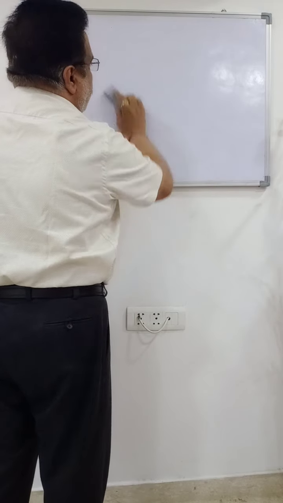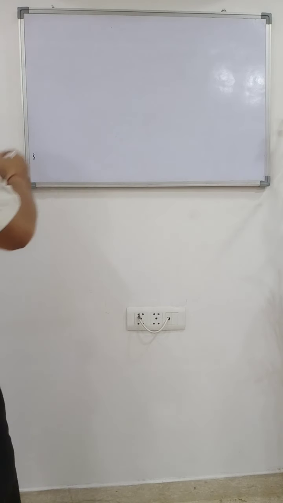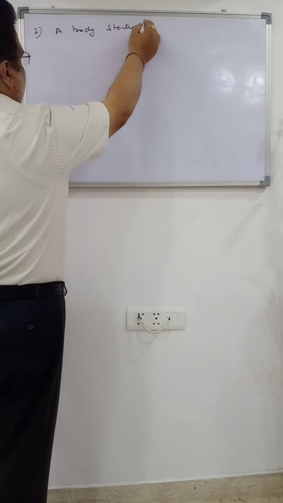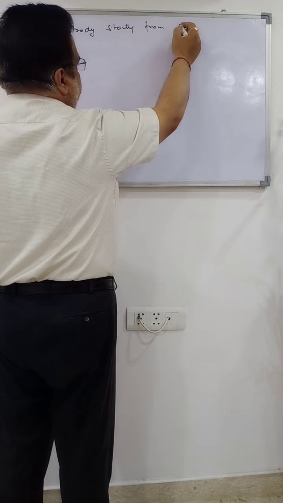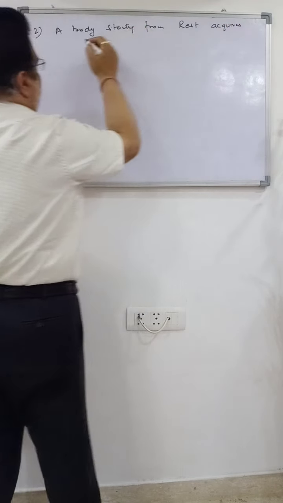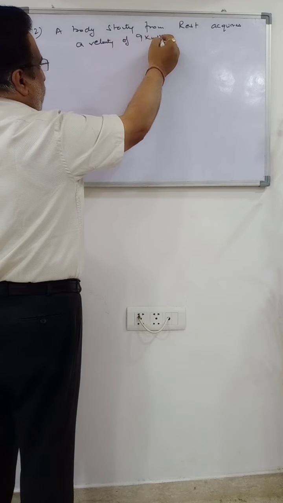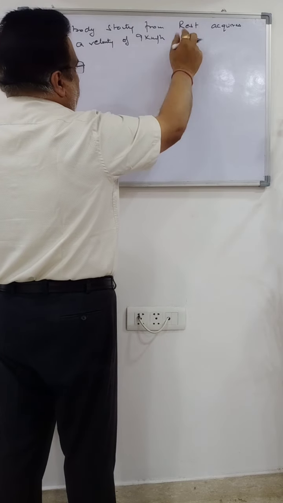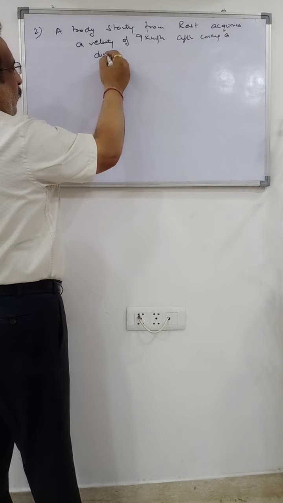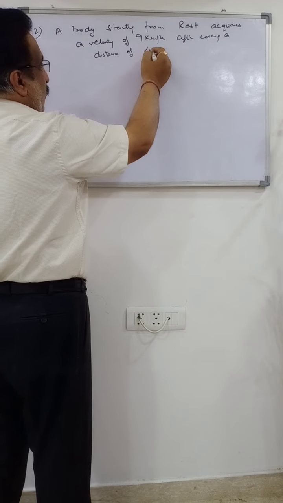Next question is: a body starting from rest acquires a velocity of 9 km/h after covering a distance of 400 meters.